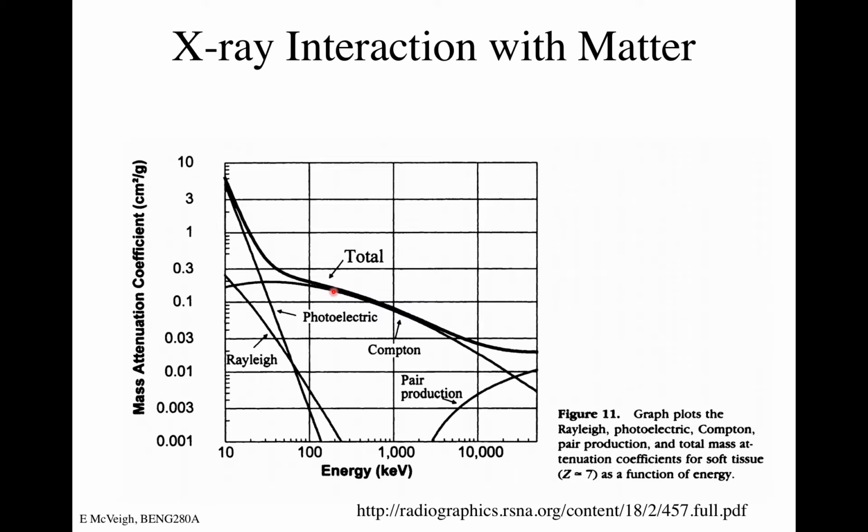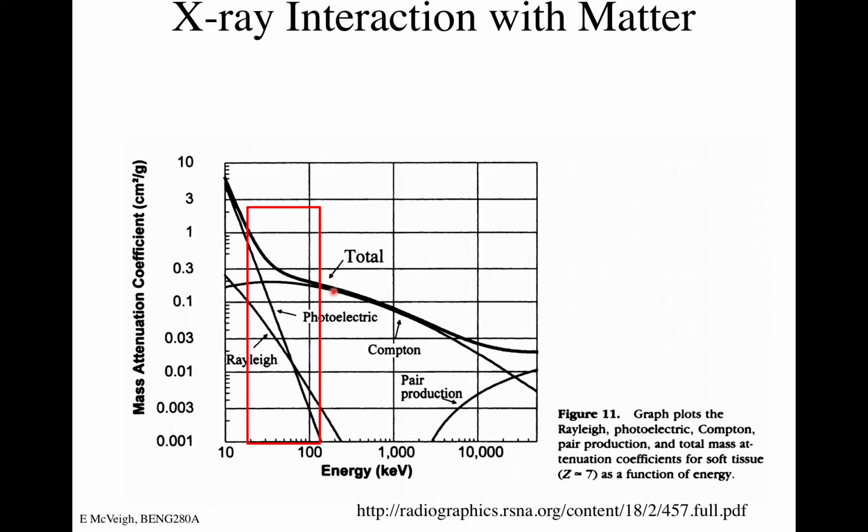So we've got a spectrum of X-rays. They have essentially the same probability of undergoing Compton scattering across the energy range that we're going to use for imaging. So inside this box, our Compton scattering is pretty well constant, and the photoelectric effect varies considerably. This gives us an opportunity, actually, to do multi-energy imaging.